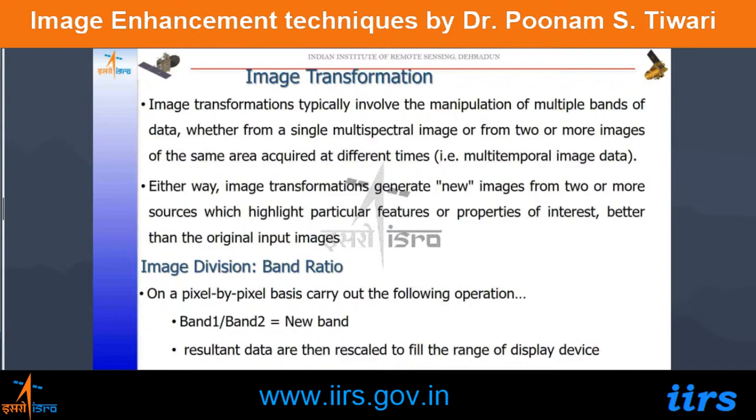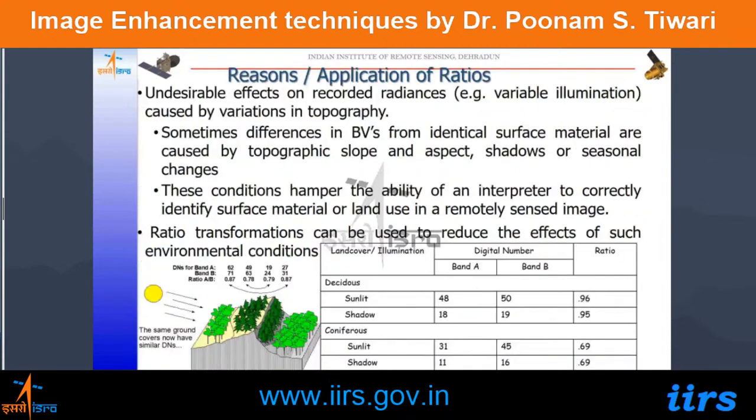Because of this, we can say that it is able to reduce the undesirable effect of topography on the recorded radiances, and we are able to identify or distinguish the features properly in sunlit and differently illuminated conditions also. So these are the applications of ratios.